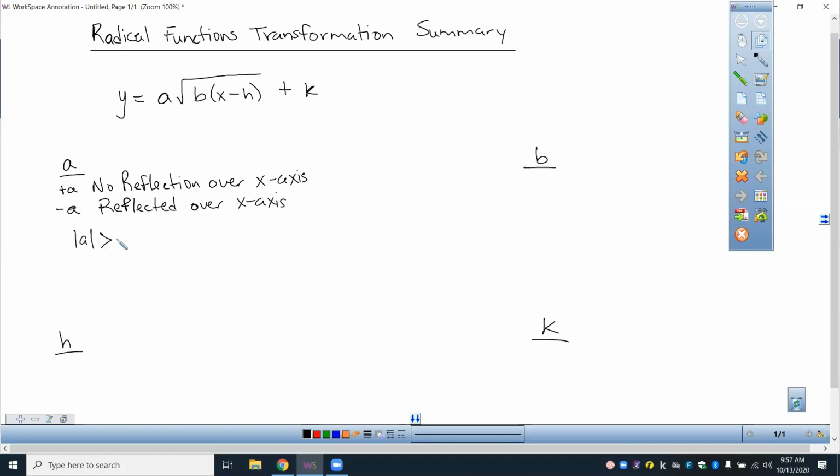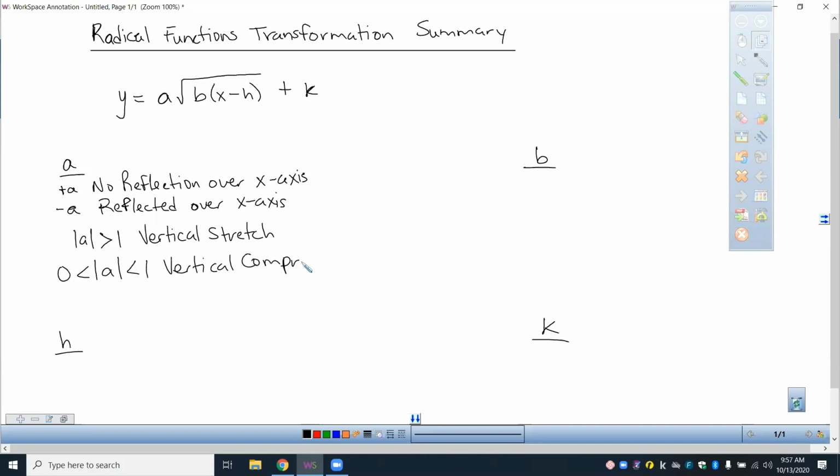Absolute value of A, if it is greater than 1, that's going to be a vertical stretch. Between 0 and 1 is a vertical compression. And then equal to 1 was neither.